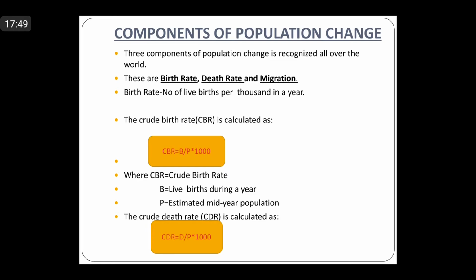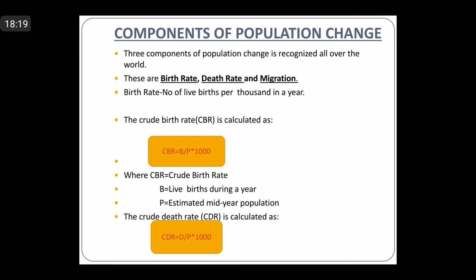In one year, the changes in birth rate, death rate and the other components, migration, out-migration, in-migration, all take place during the year. That is your mid-year population, and this population estimate is generally used as the base for calculation of the rate.